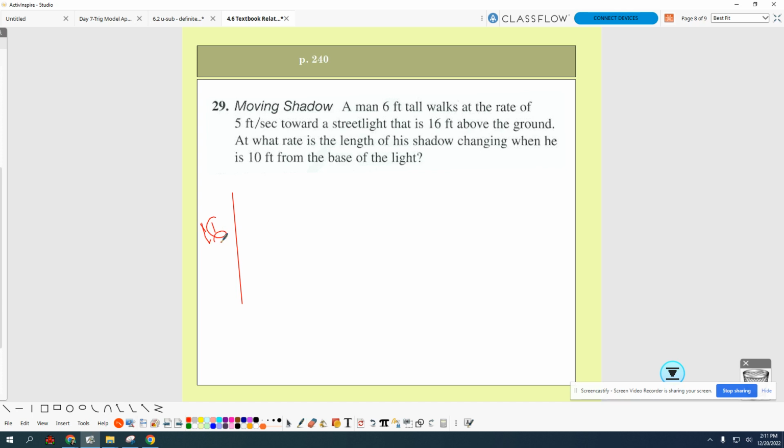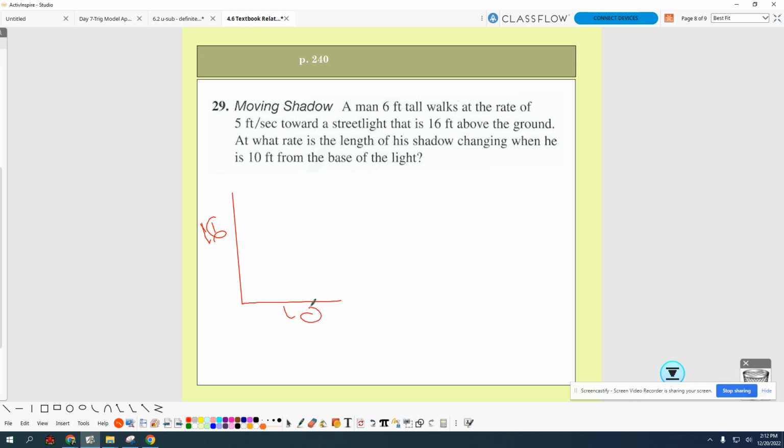And then 6 feet. I guess he's walking 5 feet this way, right? The shadow is changing when he's 10 feet from the base. I know, but it's changing by 5 feet a second.